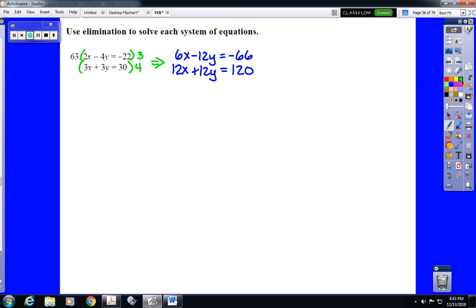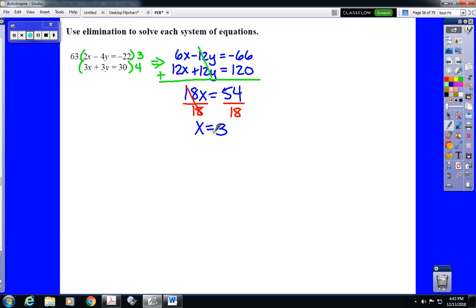I'm now set up for elimination, because when I add them together, the y will cancel. That gives me 18x equals what? 54? Yep, 54. I would then divide by 18, and I would get that x equals 3.